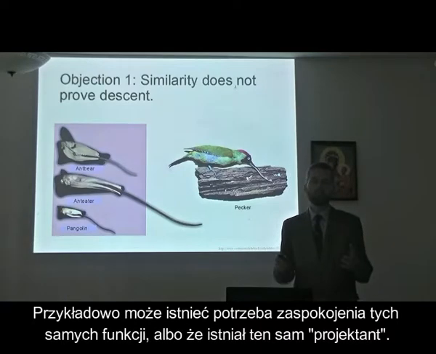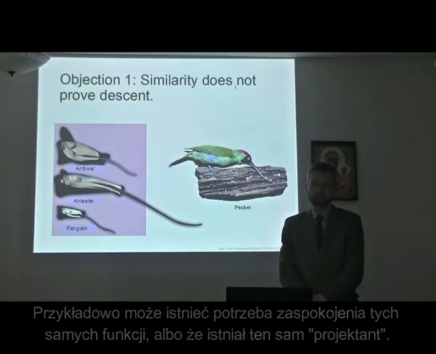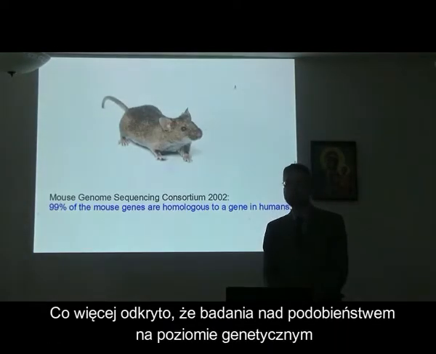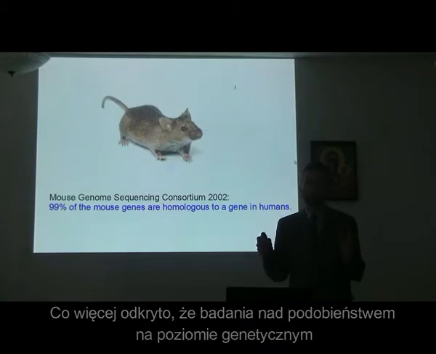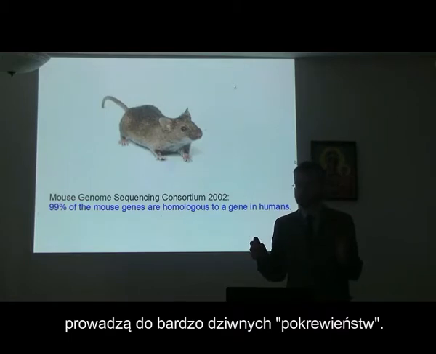For example, that there is a need to fulfill the same functions, or that there has been the same engineer who designed this. And furthermore, it has been found that similarity studies on the genetic level lead to very strange relationships of descent.